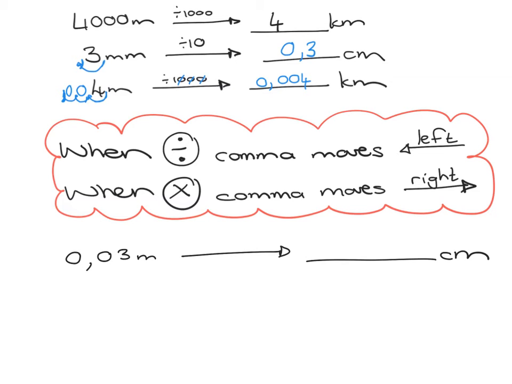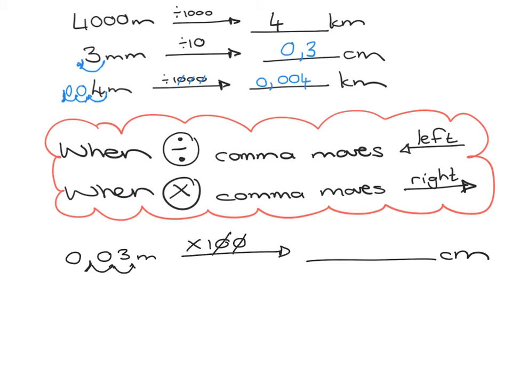Times by 100. Now, our rule says when I times, the comma moves right because the number is going to get bigger. So I'm going to take the comma that's now currently there and I'm going to move it 1, 2. How did I know to move it twice? 1, 2 zeros means I move it twice.